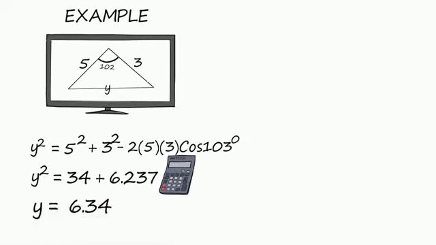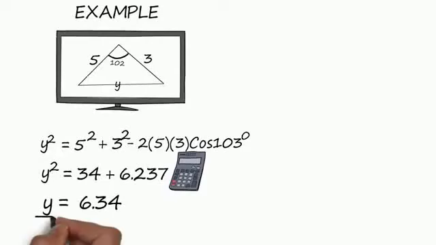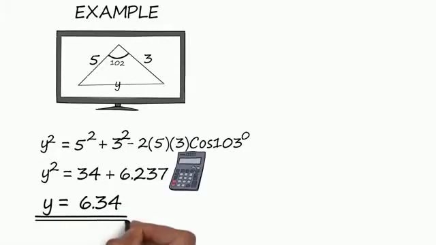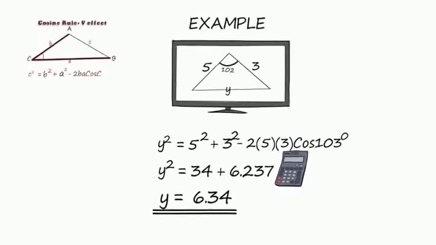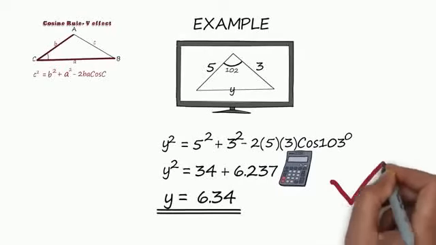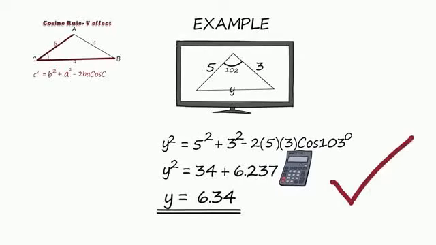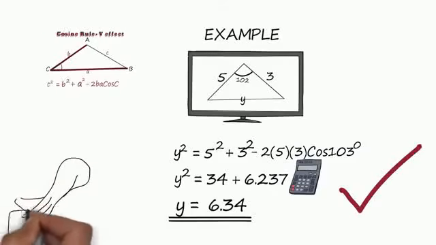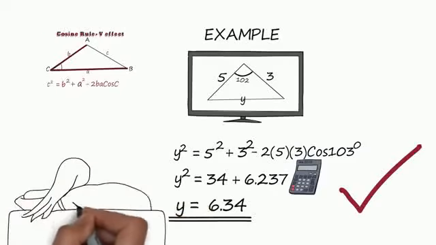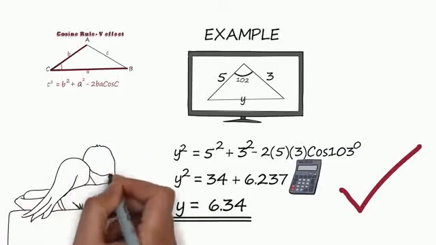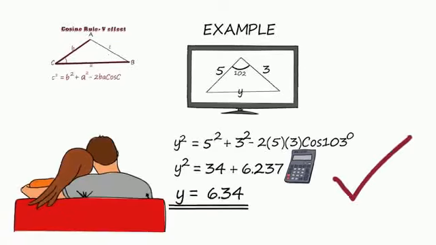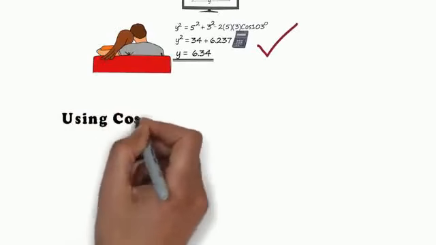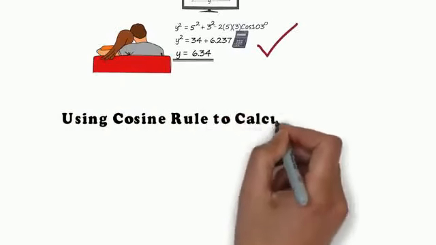When you square root both sides, you get 6.34, and you want to round it off to a whole number, that's like 6 centimeters. And it makes sense even when you look. Guys, whatever mathematical solution you work out, just ask yourself if it makes sense. How can y be smaller than those sides? It won't make mathematical sense.